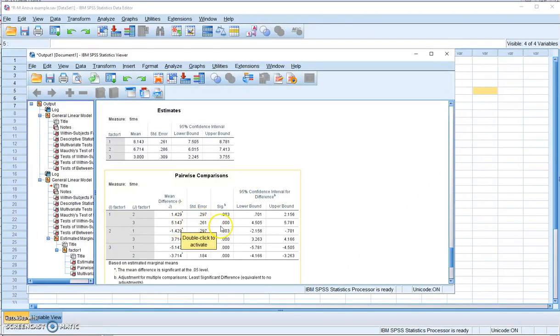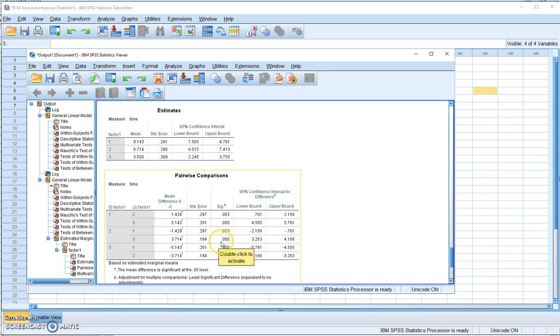That has a p-value lower than 0.001, so that is statistically significant. Between week 1 and week 2, the two means have a difference of 3.714. Again, the p-value is so low that we're going to reject the null hypothesis.